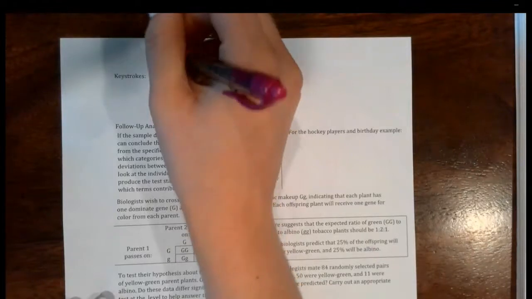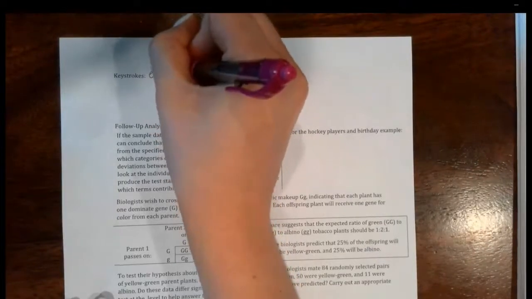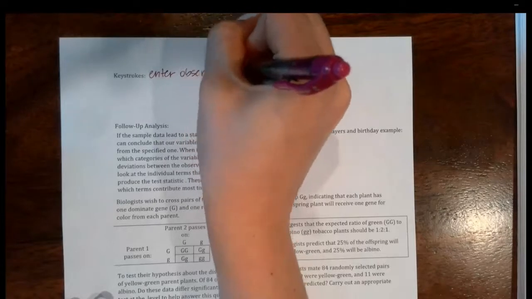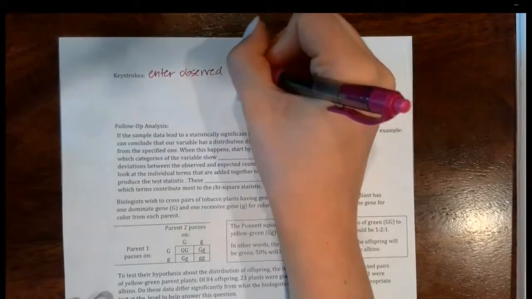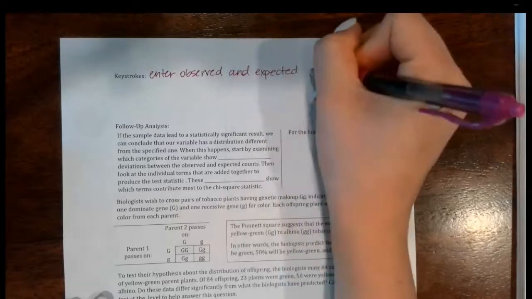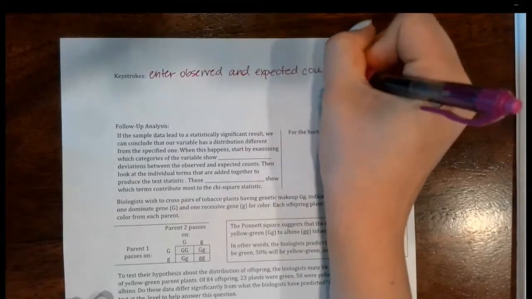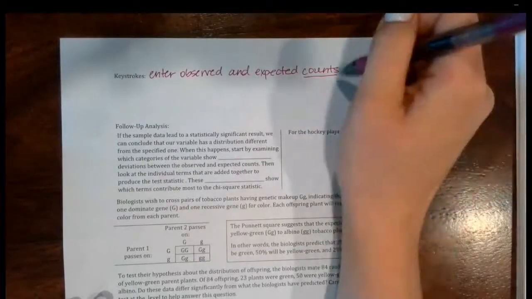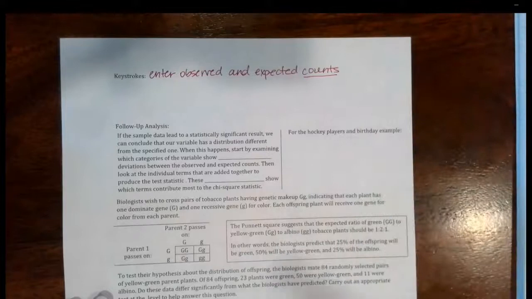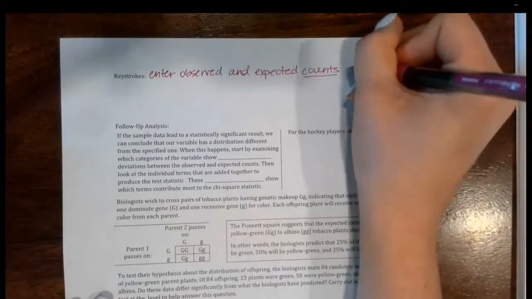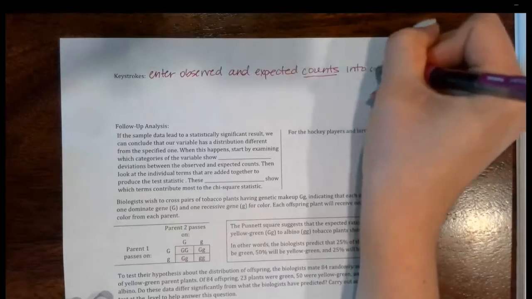You are going to enter the observed and expected counts. So you want to do the counts and not percentages or whatever it gives you, into columns.